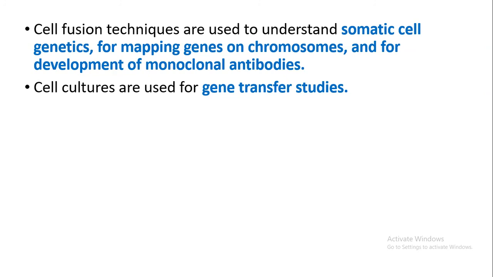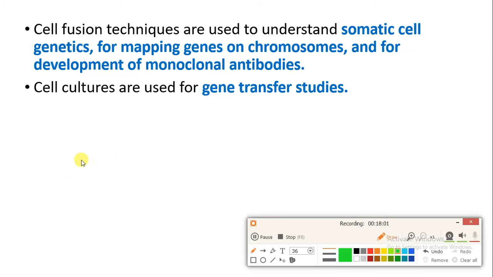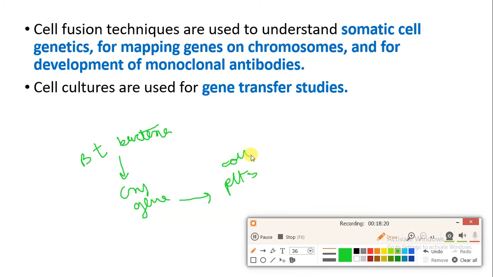If we take an example of gene transfer studies, you must have heard the name of a bacterium, that is called BT. BT means Bacillus thuringiensis, which is a bacterium. The cry gene was removed from this bacterium. This cry gene has now been introduced into plants like cotton plants, that is why we also call these Bt cotton plants.